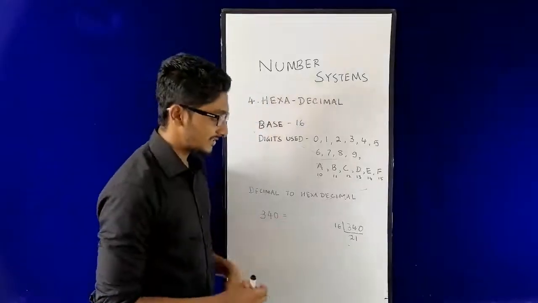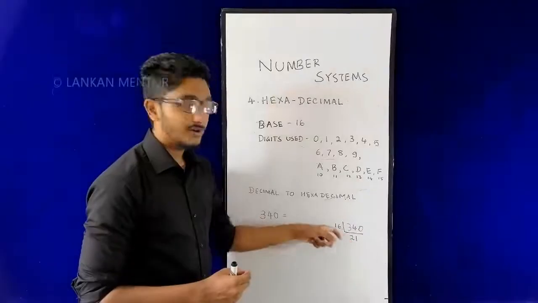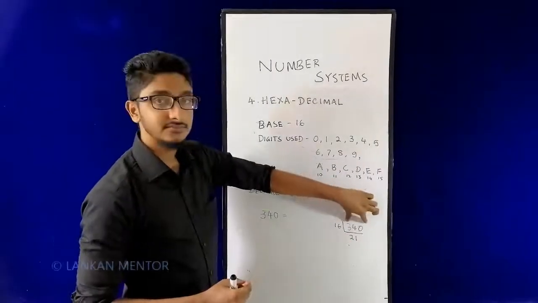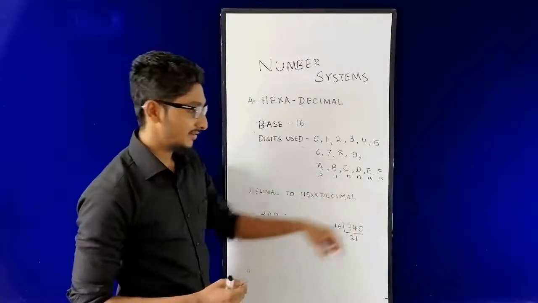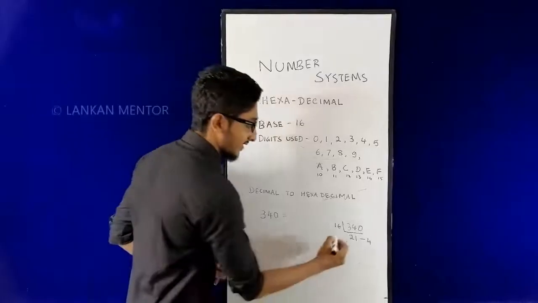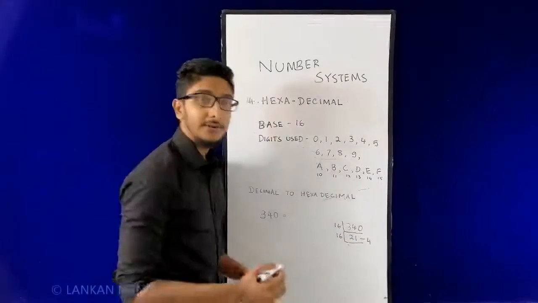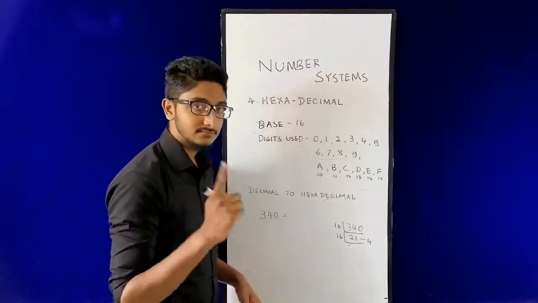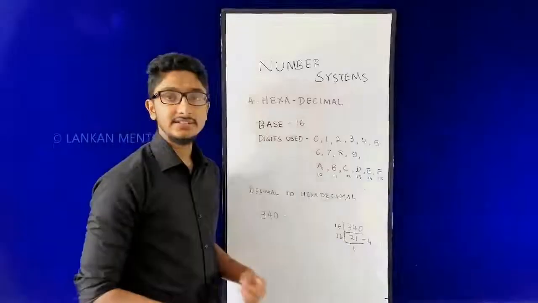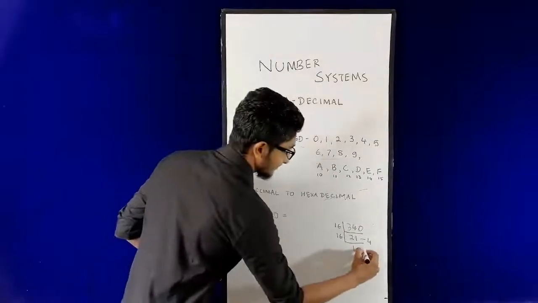So 21 16s are 336. 21 into 16 is 336. So 340 minus 336, 4 balance, right? Again 21 by 16. How many 16s are there in 21? 1. Okay, 1 into 16, 16. So 21 minus 16 is 5.